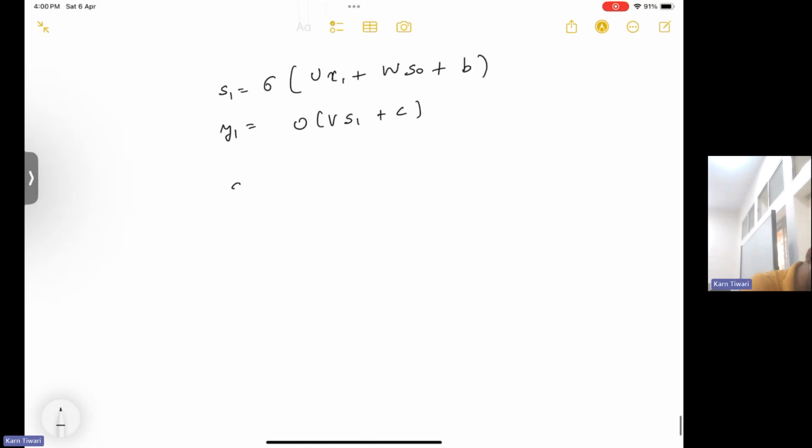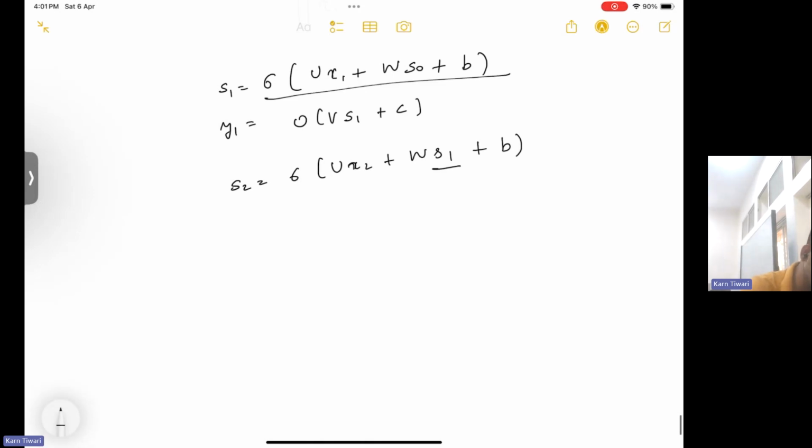Suppose I expand it. Now S2 is just sigma of U of X2 plus W of S1 plus B. So what was my S1? My S1 was defined here.